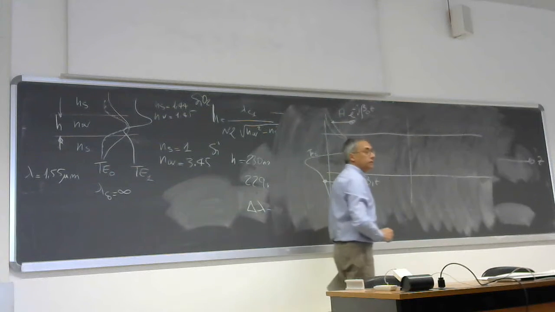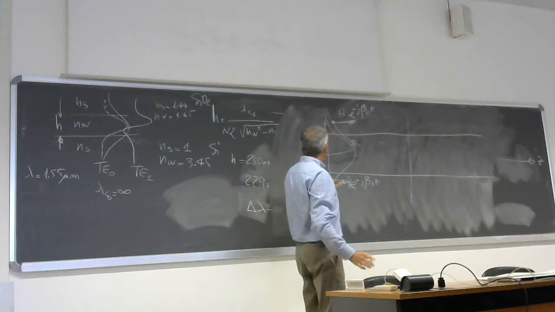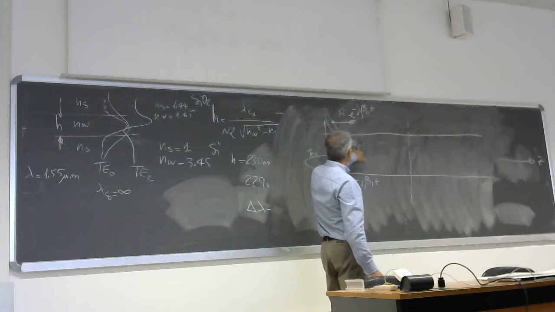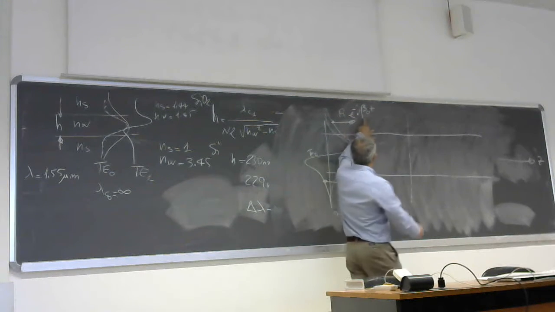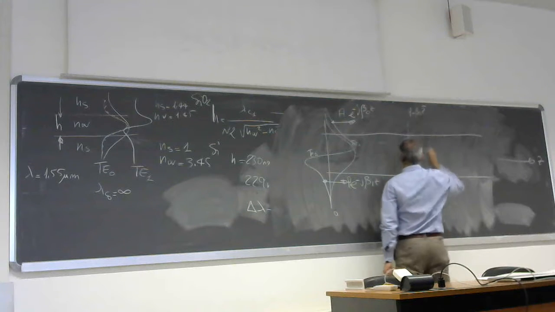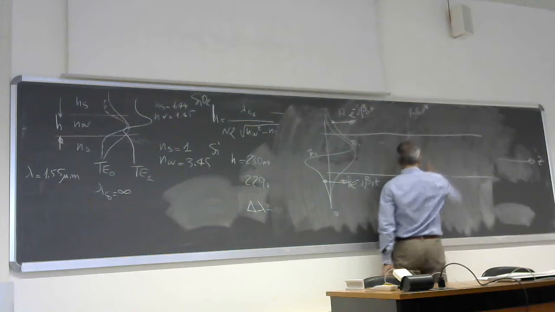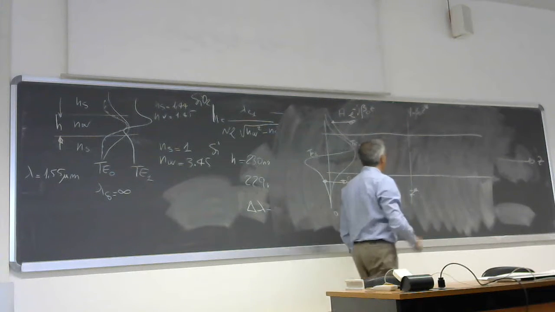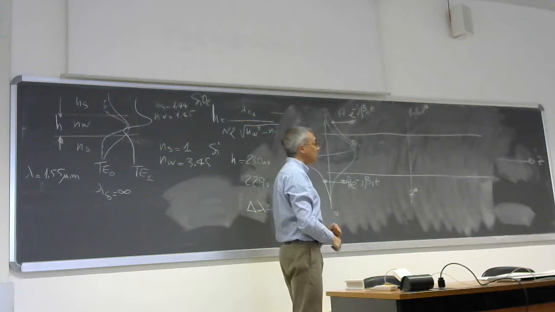At another point, the T0 mode has accumulated a phase equal to beta 0 multiplied by zeta star, where zeta star is this position.